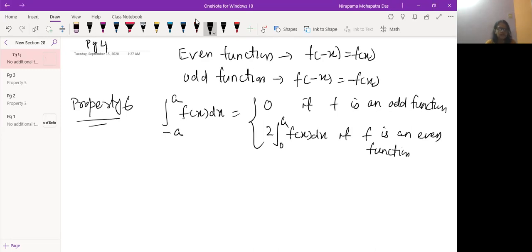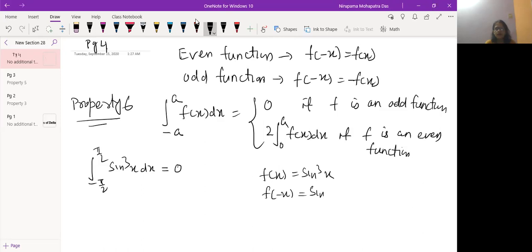So for example, if you write here minus pi by 2 to pi by 2 sine cube x, without even evaluating, you can say this is 0. You can cross check of course, but if the question comes like this, because you know the properties, sine cube x is an odd function. How to check it? f(x) is sine cube x. Now by taking f(minus x), it is sine cube of minus x.